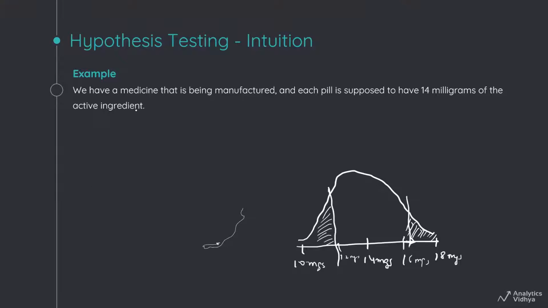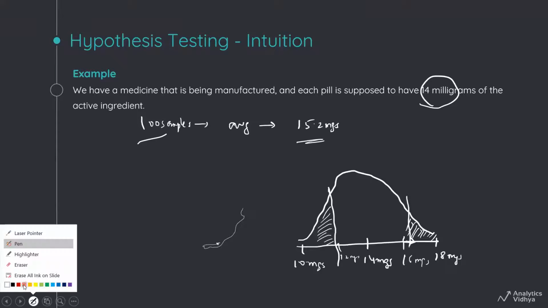Now, when you have 100 samples at hand, you find the average value of the active ingredient. Say that is somewhere around 15.2 milligrams. Your actual aim is to get 14 milligrams, but after manufacturing, you have taken 100 samples and the average value is 15.2 milligrams, which is somewhere here.